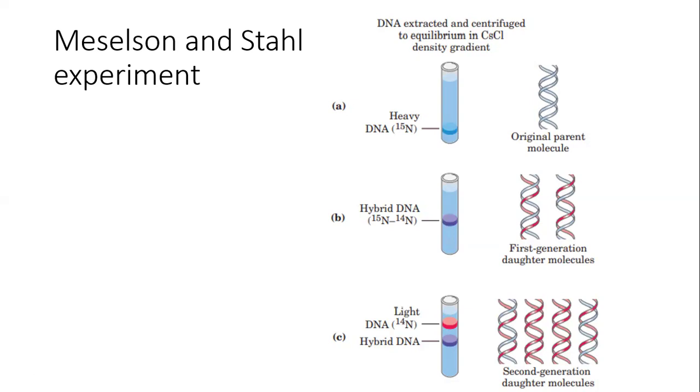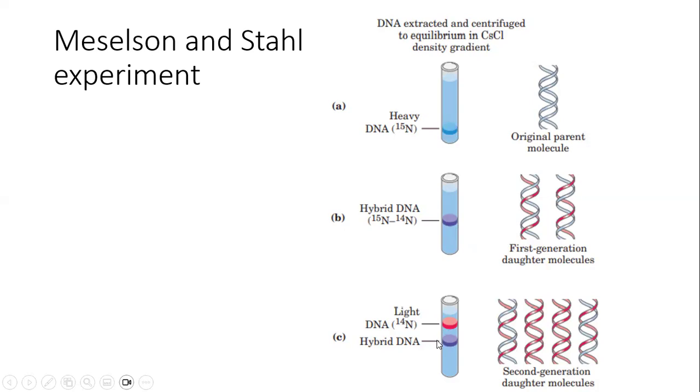After one cell division, the cells were again harvested and cesium chloride density gradient centrifugation was performed. This time, the DNA band was in a new position that was lighter than the original 15N-containing heavy DNA. So the new position was represented as a 14N-15N hybrid DNA position. The cells were again harvested after another cell division and the result showed the presence of two bands.